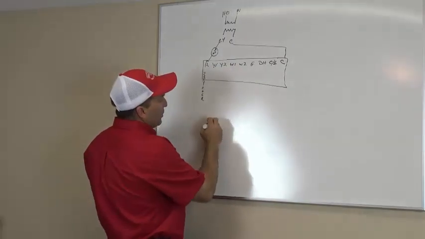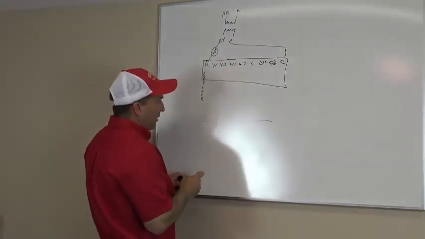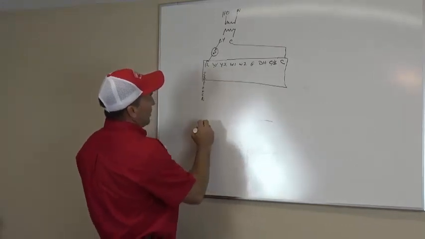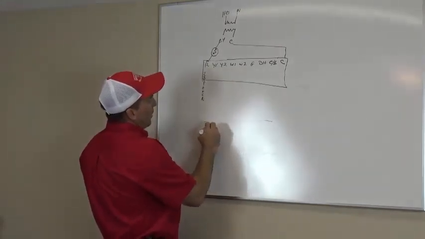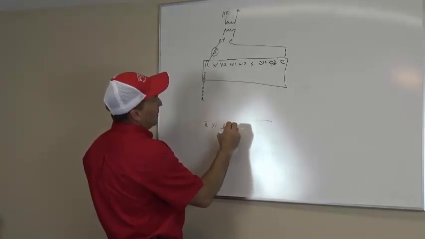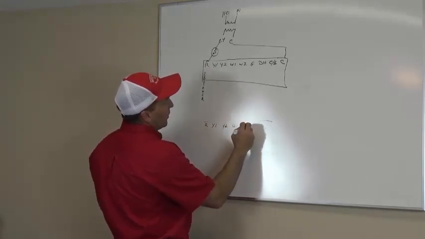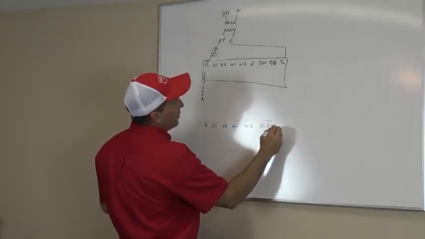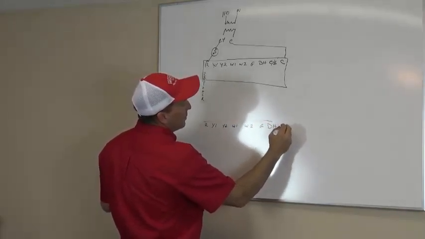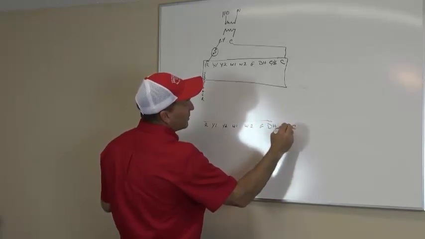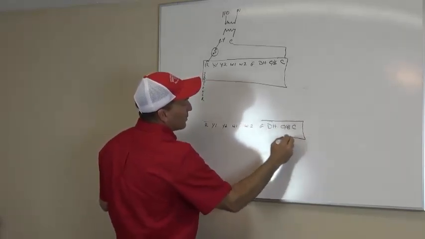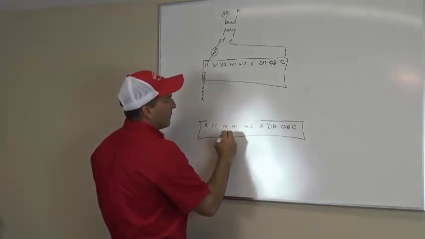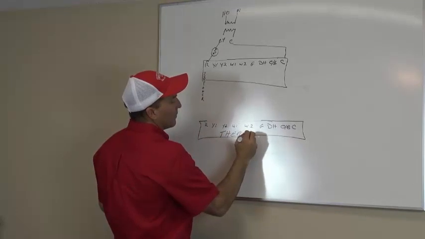Now, what are we going to do with your thermostat? We're going to do the same exact thing with your thermostat right here, right? So on your thermostat, you're going to have R, Y1, Y2, W1, W2, G, DH, O/B, and C, right? So this right here is your thermostat. All right.